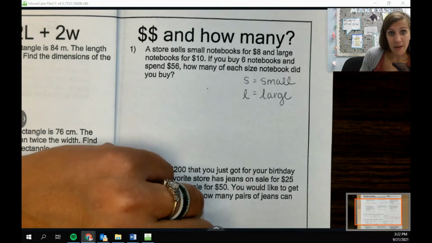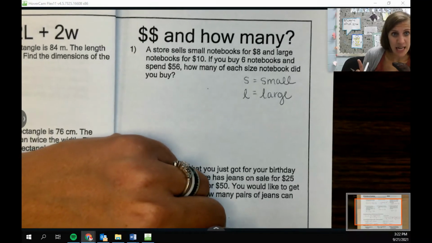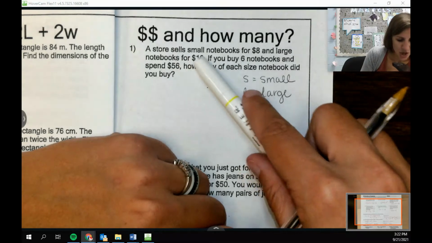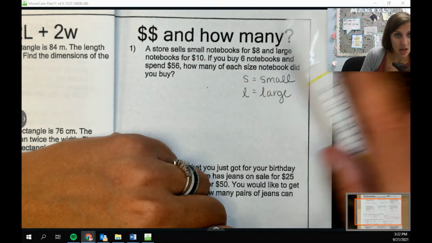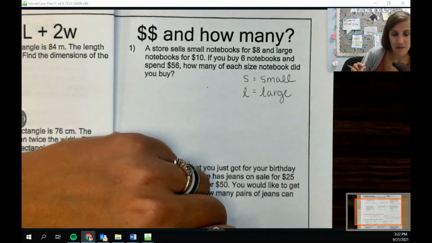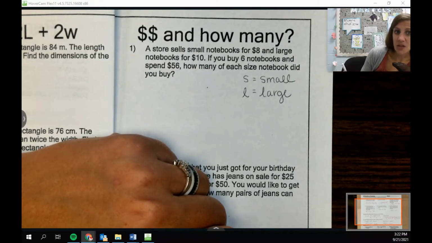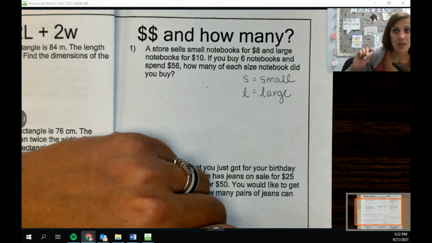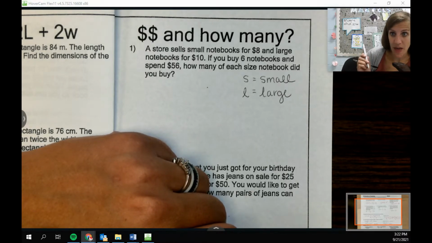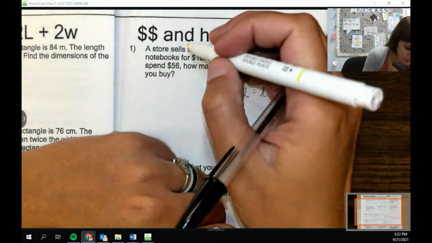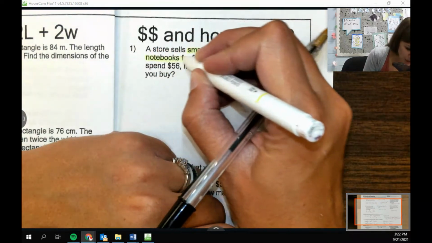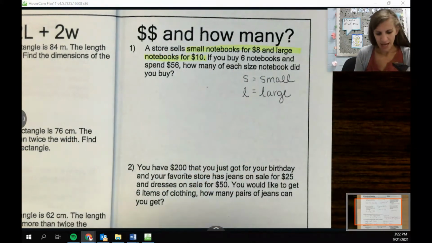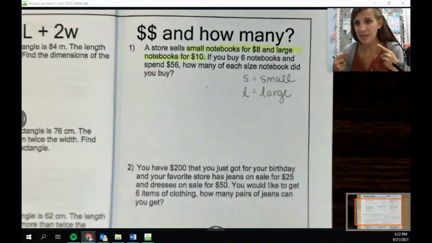Now, another thing that I think about too, if I read that first sentence again, I notice they're talking about small notebooks being $8 for every single one of them, and large notebooks for $10, every single one of them. And so these are both sort of over and over again numbers, and I'm doing both of them at the same time.